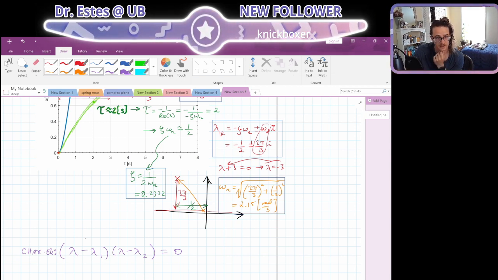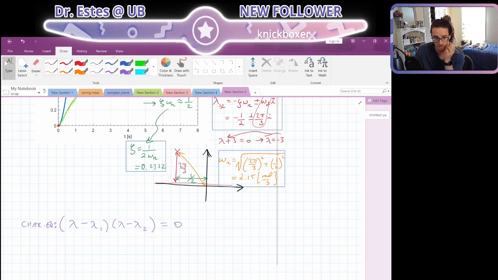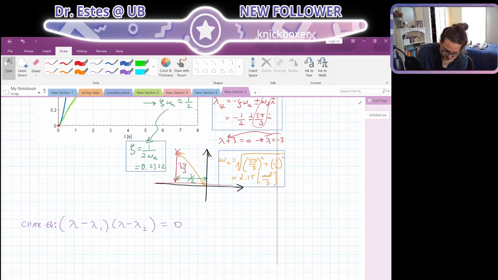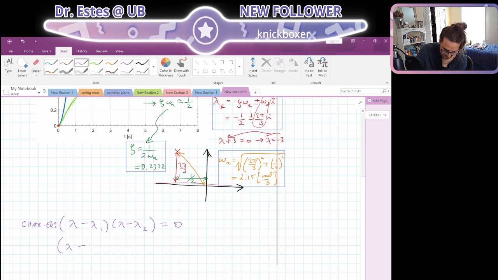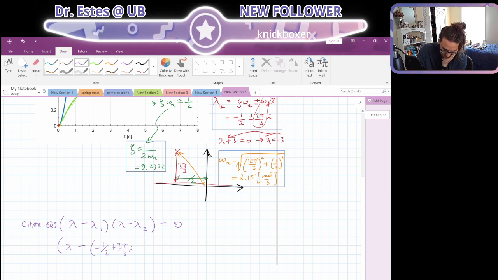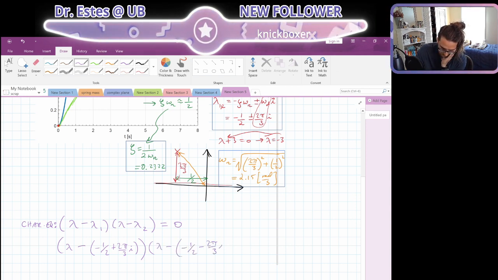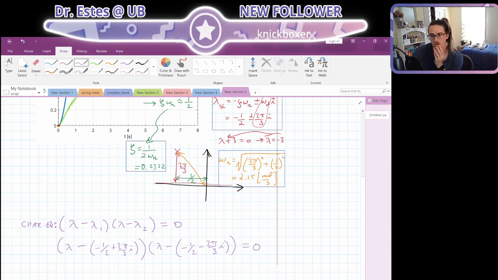If you plug in lambda 1, this whole thing will go to 0, or if you plug in lambda 2 for lambda, this will go to 0. So I have lambda minus (1/2 plus 2 pi over 3 i), lambda minus (1/2 minus 2 pi over 3 i) equals 0. So this is how you can do this by hand.